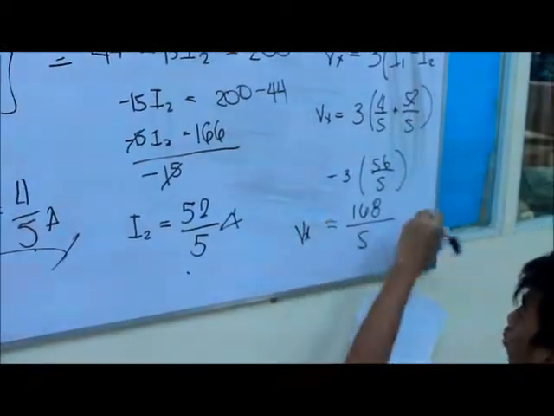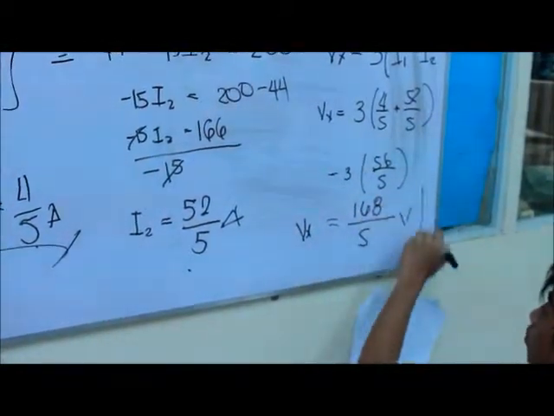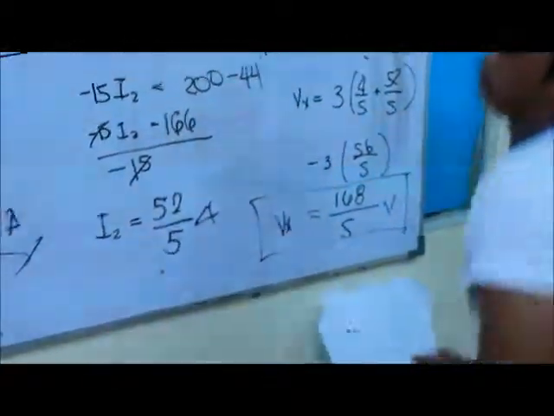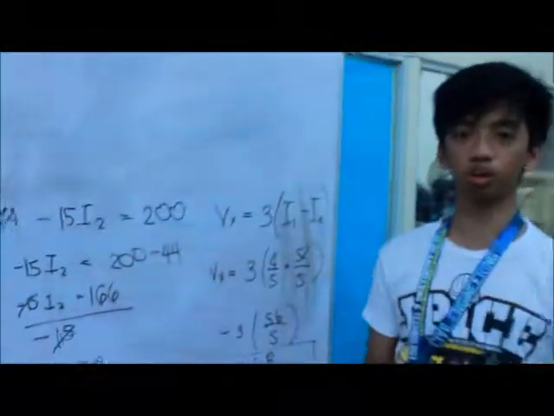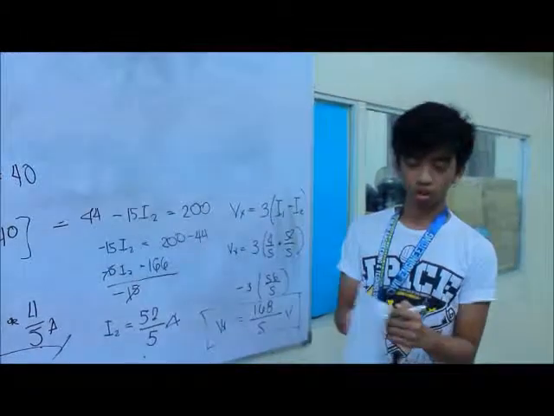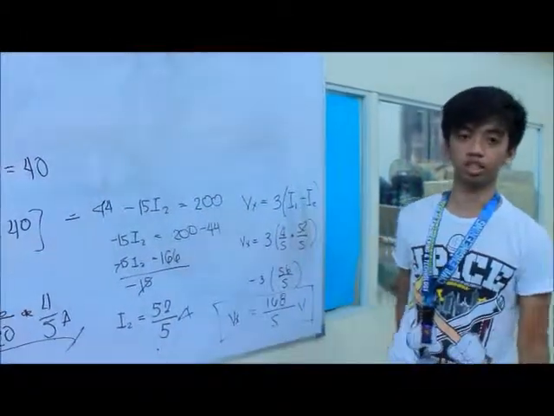Vx is equal to 168 over 5 volts. So that's it. That is how to get the voltage by using mesh analysis. Thank you for listening.